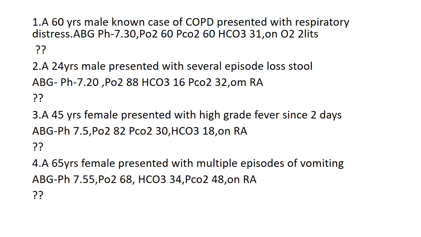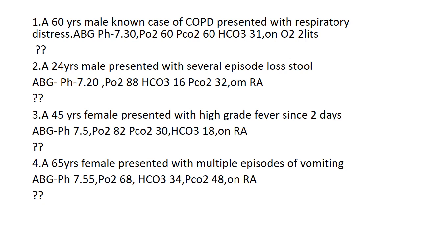Next, a 45 years old female presented with high grade fever since last 2 days. Here we did an ABG. We found her pH is 7.5, so it is going towards the alkalotic side, more than 7.4. Okay, now again see the CO2 and bicarbonate. The CO2 is less, that is going towards the alkalotic side, that is respiratory alkalosis. But bicarbonate is also less, it is the acidotic side.